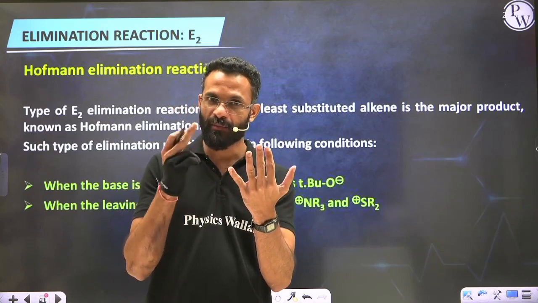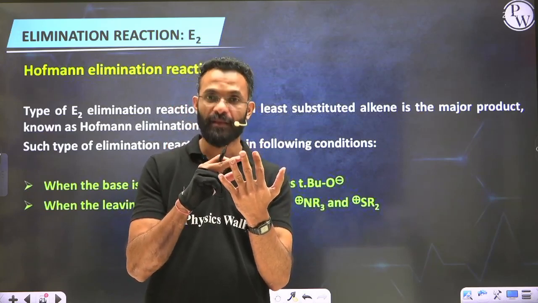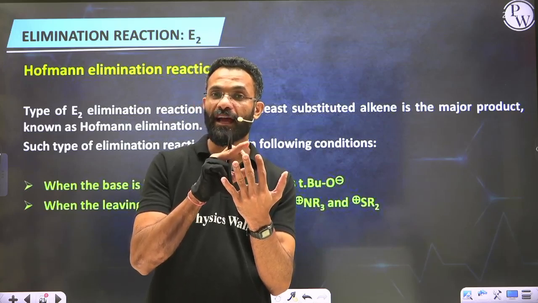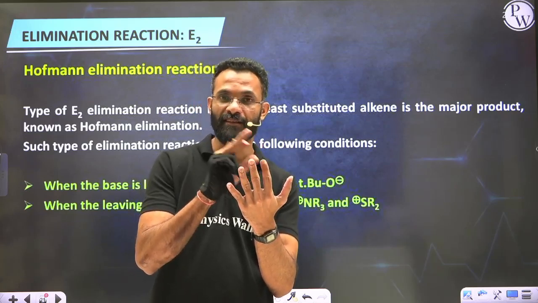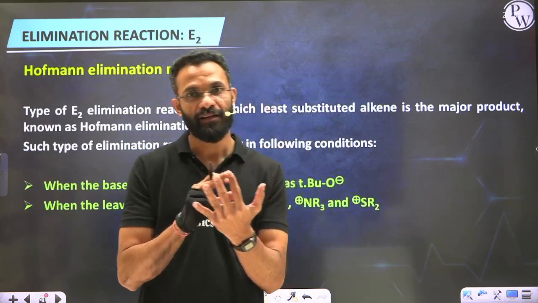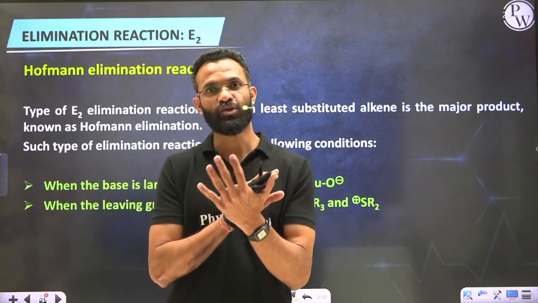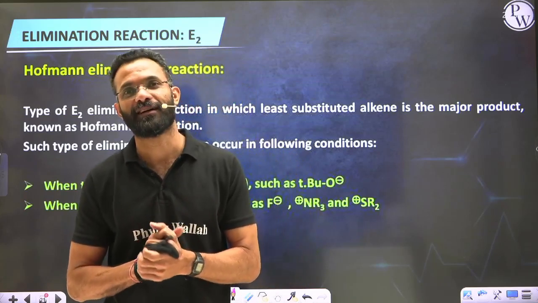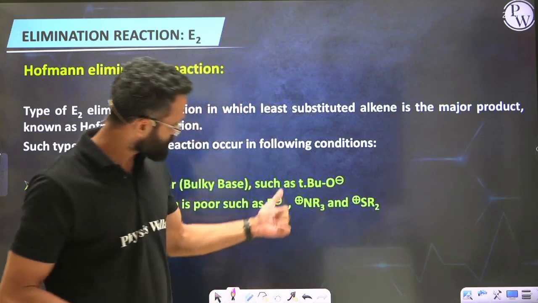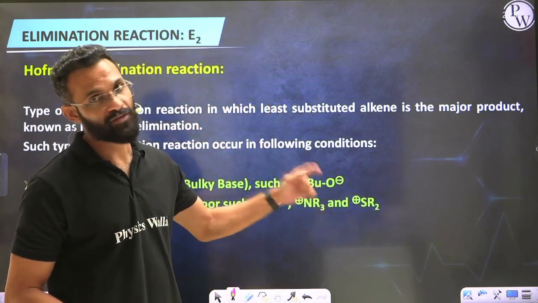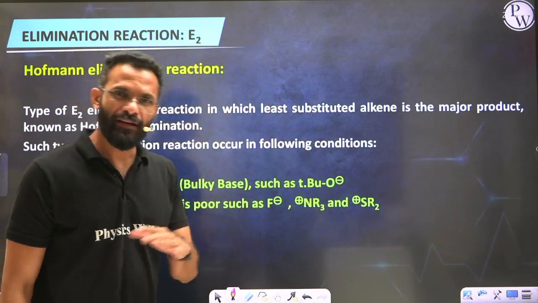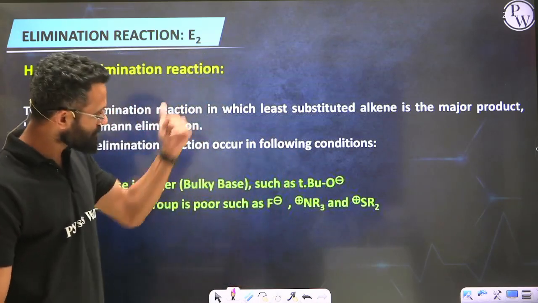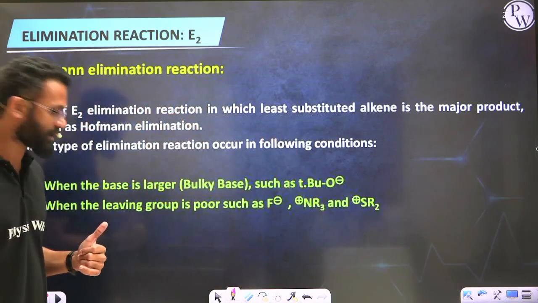From alcohol, you remember ethanol's conjugate base, methanol's conjugate base, tert-butyl alcohol's conjugate base, meaning tert-butoxide, and then sodamide. Out of these 5 bases, we all are aware that tert-butoxide is the bulkier base. So the first condition: whatever kind of substrate you have, if your base is bulkier, it will give you the Hofmann elimination product as the major product.